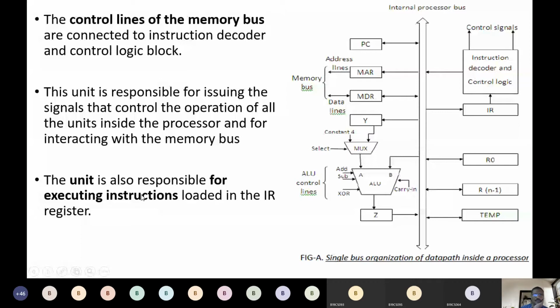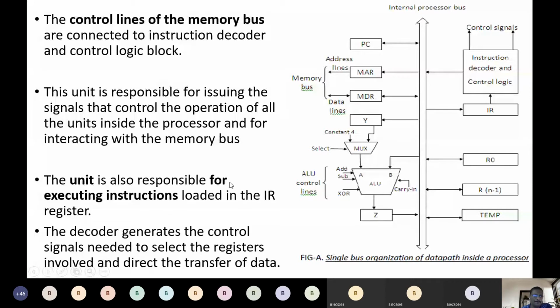This same instruction decoder and control logic unit is responsible for executing instructions. With the help of control signals, it is responsible for executing the instruction loaded in the IR register.